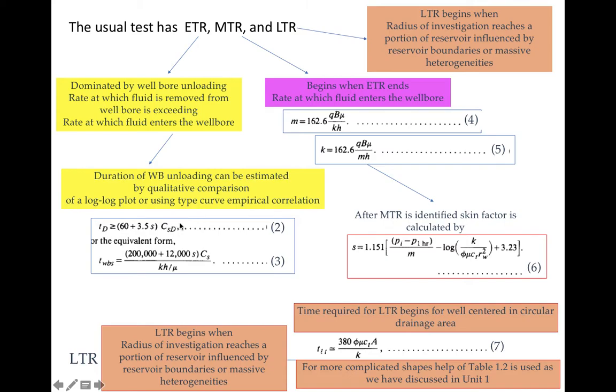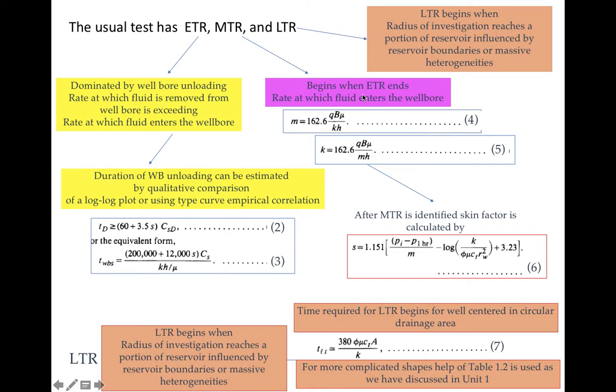So CSD is very important, and TWBS, that is the time for the wellbore storage to end, is given by this particular equation, right? Analytically the expression is this one, equation 3.